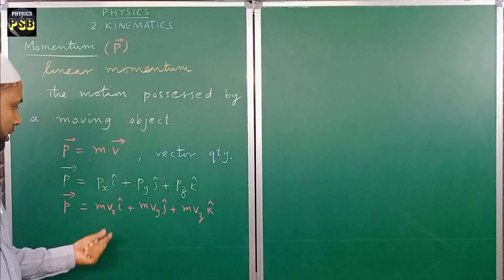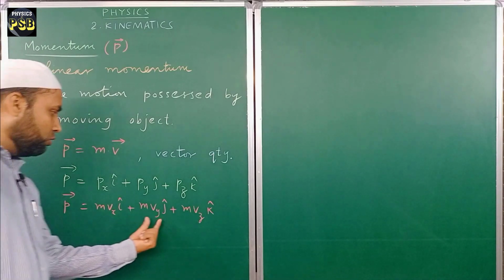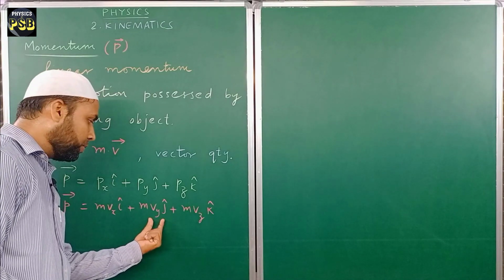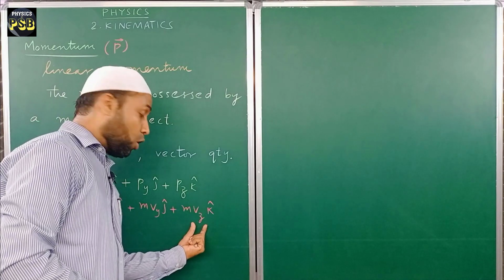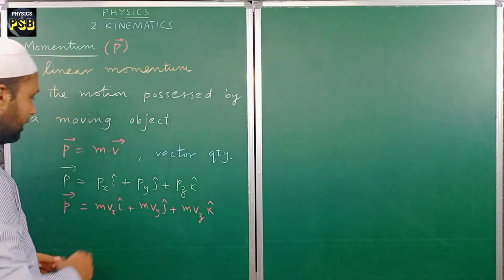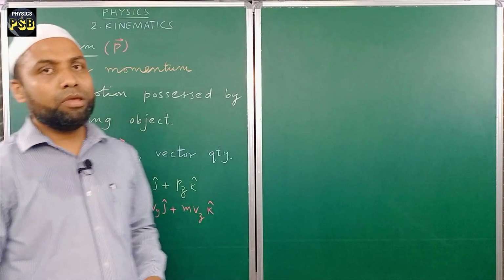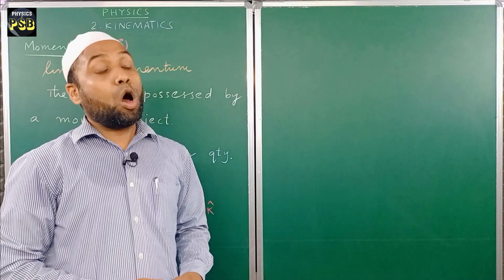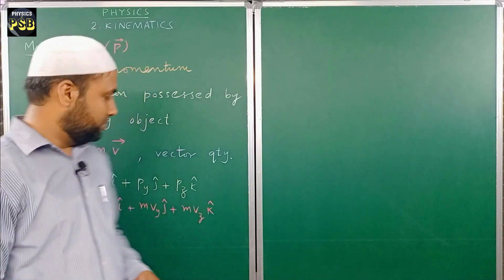Here Vx is the component of velocity along the x-axis, Vy is the component of velocity along the y-axis, and Vz is the component of velocity along the z-axis. And here i cap, j cap and k cap represent orthogonal unit vectors along the x, y and z axes.